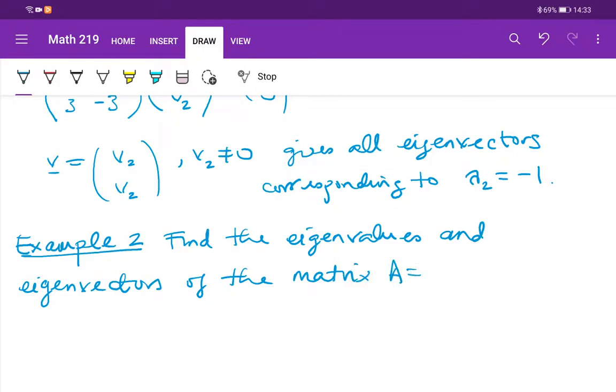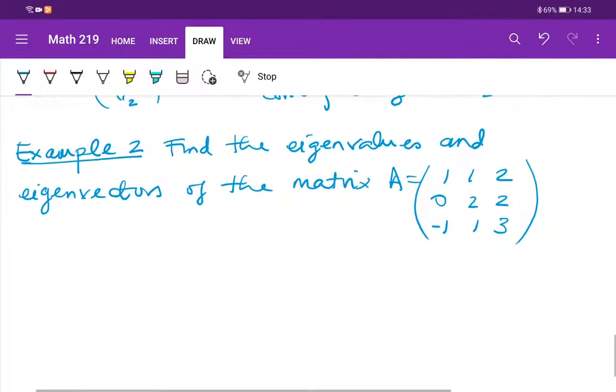So here's a 3 by 3 matrix: 1, 1, 2, 0, 2, 2, minus 1, 1, 3. We apply the exact same procedure.